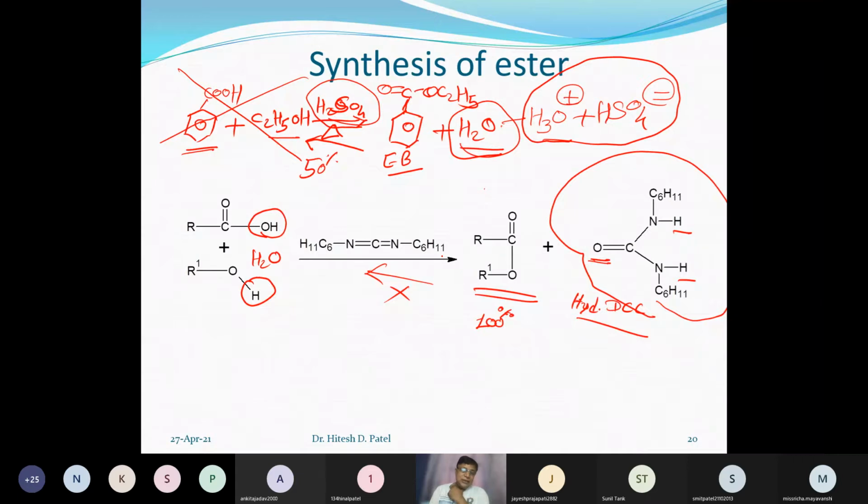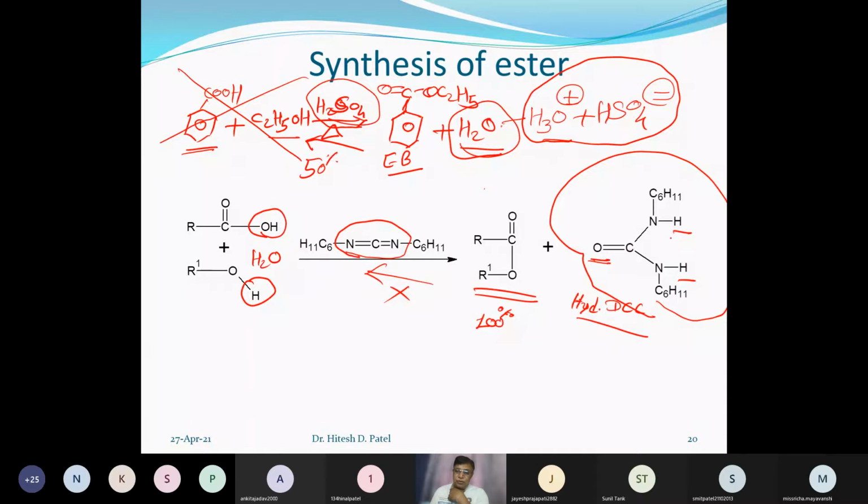Reagents can initiate the reaction, accelerate the reaction, and increase the percentage yield of the product. But after completion of the reaction, it is not available in its original form, and that's why it is known as a reagent, not as a catalyst. So here you can see we have used DCC, C double bond N, and here C double bond O, NH, C double bond NH.